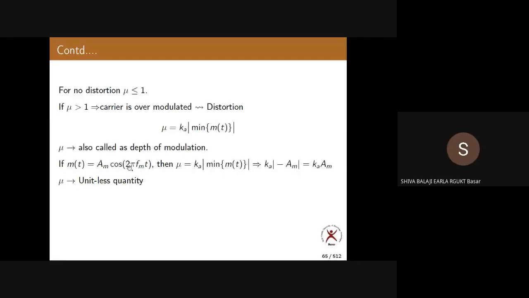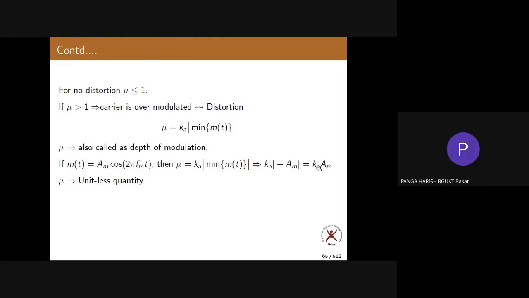Suppose we write m of t equal to 2 cos 2 pi 5 t volts; this voltage is 2 volts. Now what are the units of Ka? Volt inverse. Volt inverse into volt is nothing but a unitless quantity.